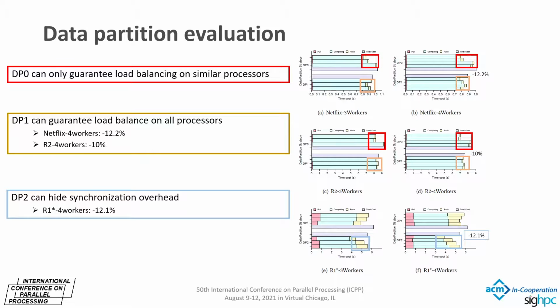On these two datasets, the overall cost of using DP1 will be reduced 12.2% and 10% compared to using DP0. For datasets that need to consider synchronization overhead, R1 star, DP2 can effectively hide the synchronization overhead, and total overhead is 12.1% lower than that of DP1.